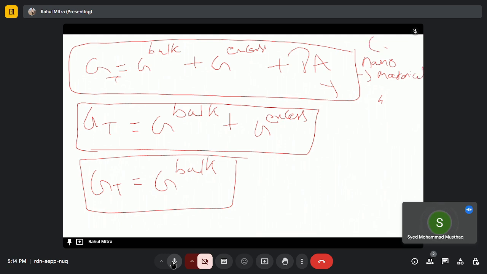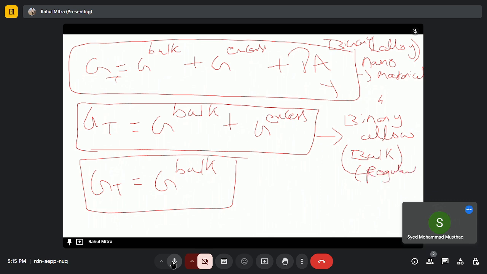I'm writing it as an alloy, let's say a binary alloy, but for bulk material, and it is regular solutions, and this is derived from the quasi-chemical model. Everyone who followed my previous sessions can understand how we derived G excess from the quasi-chemical model.